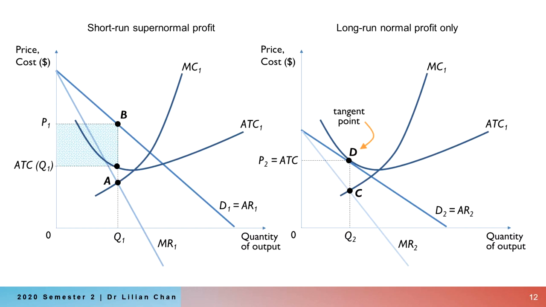And when the demand curve shifts outwards, it means that the price that they can charge would tend to rise. And when that happens, the loss that they experienced previously would tend to shrink, and it will carry on repeating itself until we get to the long run normal profit situation, like in this diagram on the right hand side. Long run normal profit only.